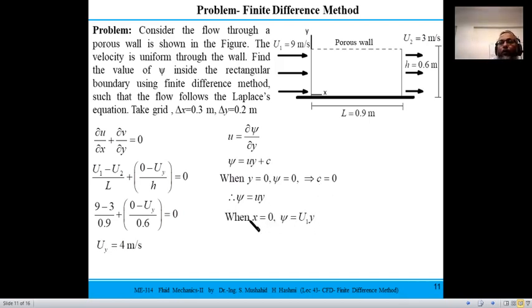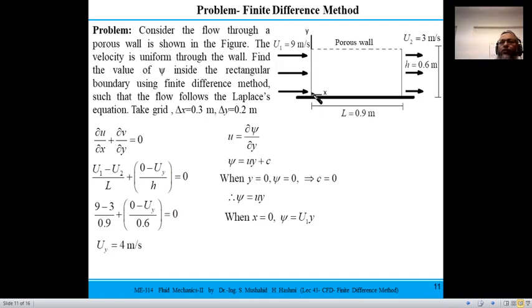When x is 0, you are here, and psi would be u1 times y. So when y is 0, psi comes out to be 0. When y equals, let's say, 0.2 meter, then 9 multiplied by 0.2 would be the stream function at that point.